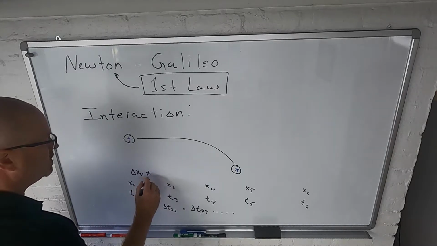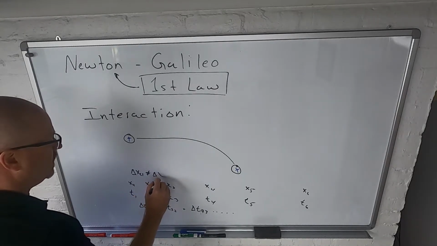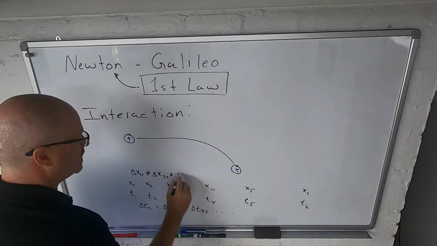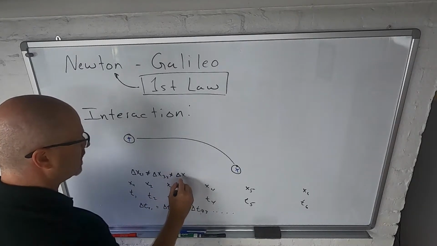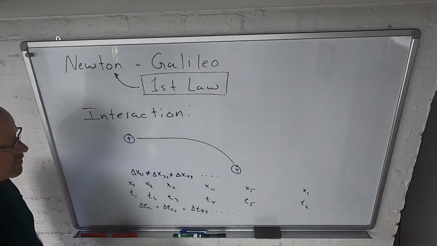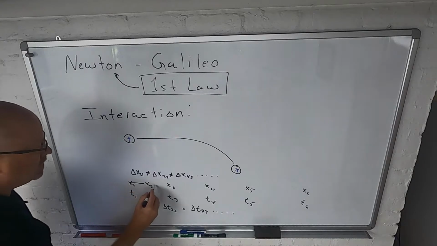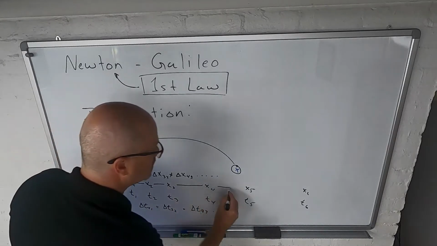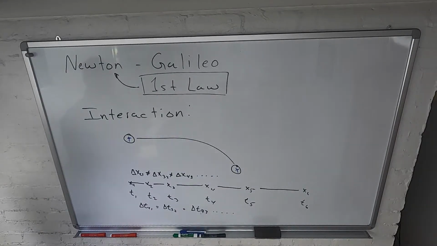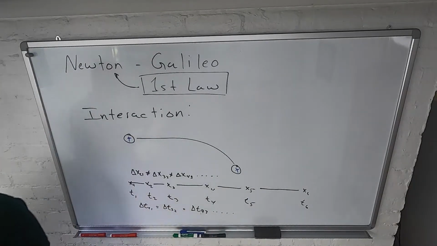is not the same as delta x32, which is not the same as delta x43, etc. So what's changing? In these intervals, the distance is changing, but the time interval is staying the same. So that means that this is changing its speed.